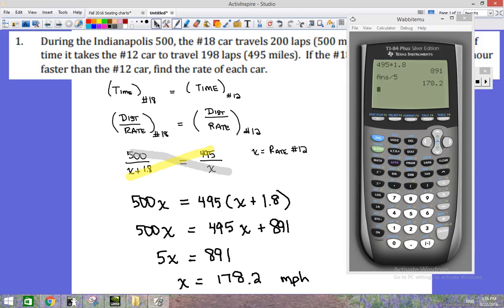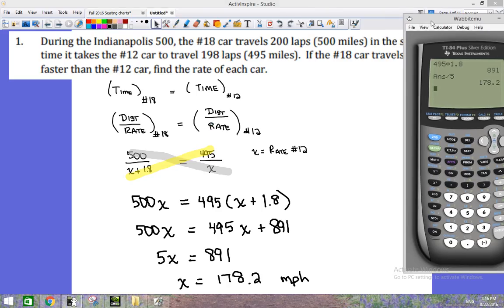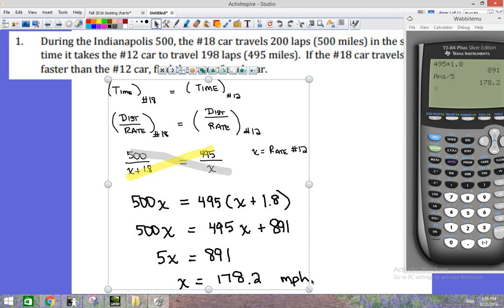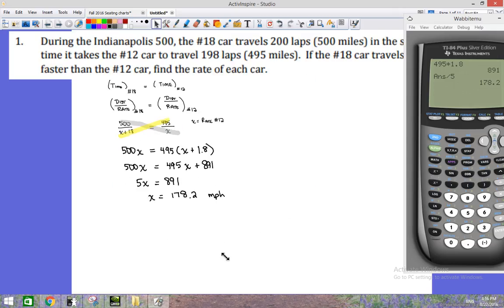Hey, that's the slow car, the number 12 car. If we add 1.8 miles per hour to that, that'll give us the rate of the faster car. The 0.8 will bring us up to 179, and then this will be 180.